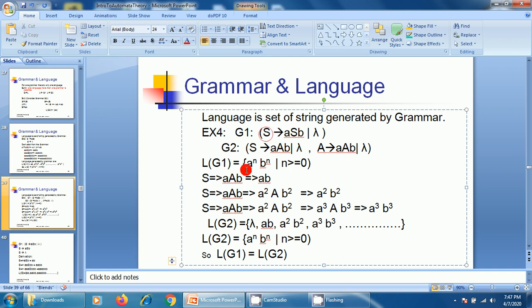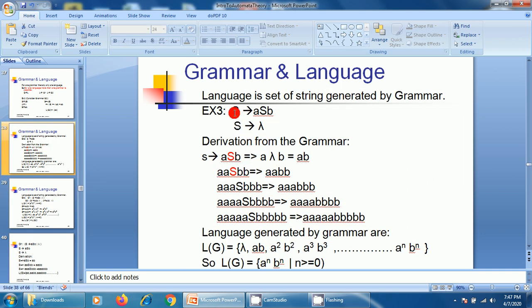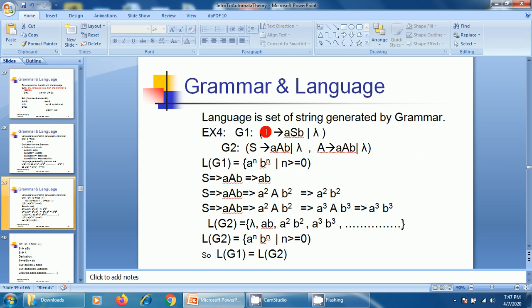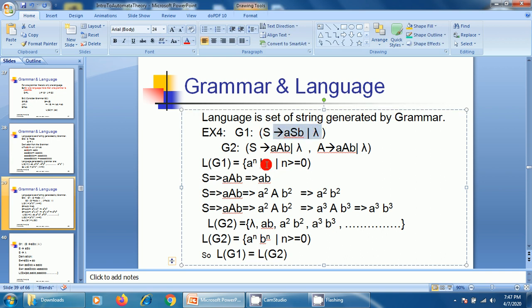Using grammar G1, S tends to ASB and S tends to lambda, what is the language of this grammar? Yes, the language of this grammar G1 is a to the power n b to the power n such that n is greater than or equal to 0. Now what is the language of this grammar G2?